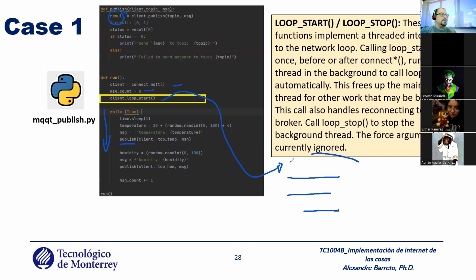You receive the result in this thread here and save the result here. If you don't call loop start, you cannot receive the output of this method. Did you understand? Yes or no? Yes.